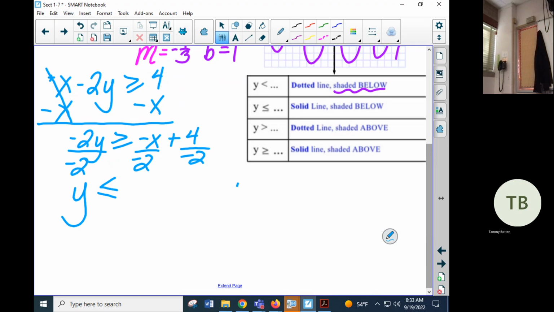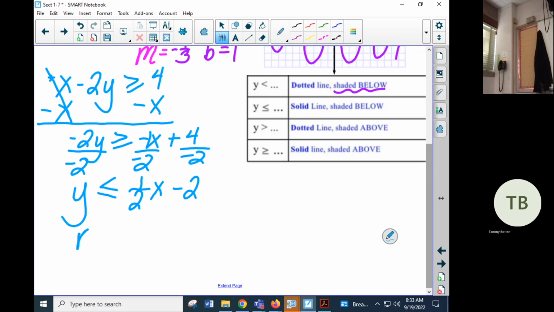Do you guys know what that becomes? Positive. And then it's really that this is a 1 over 2. Negative divided by a negative is positive, and you assume there's a 1 in there. So it's 1/2 x. And then 4 divided by -2 is a -2. So I'm going to just write that as -2.